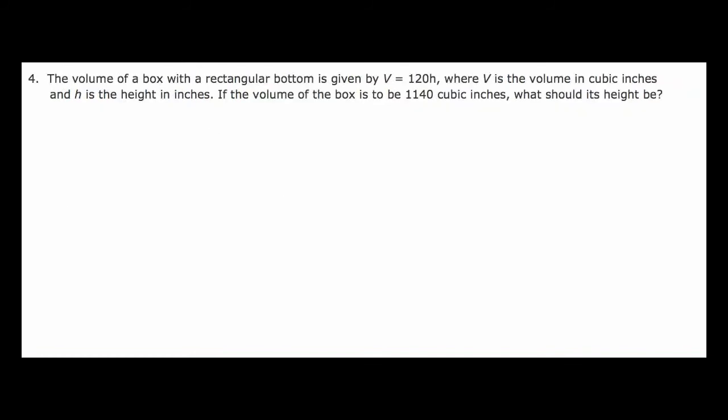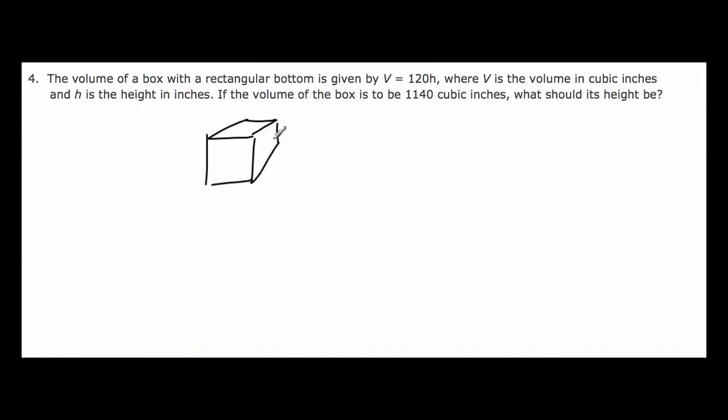Number 4. The volume of a box with a rectangular bottom is given by V equals 120h, where V is the volume in cubic inches and h is the height. If the volume of the box is to be 1,140 cubic inches, what should its height be? Since it's a geometry problem, the first thing we're going to do is make the box.